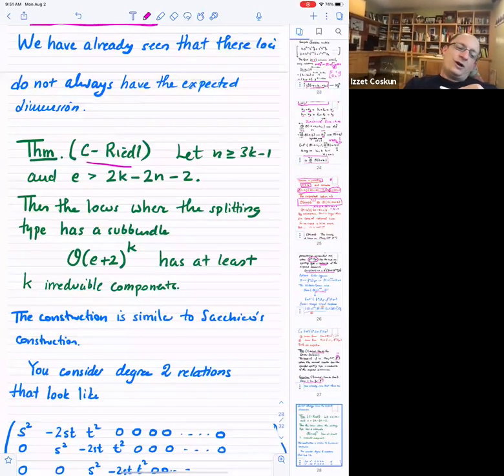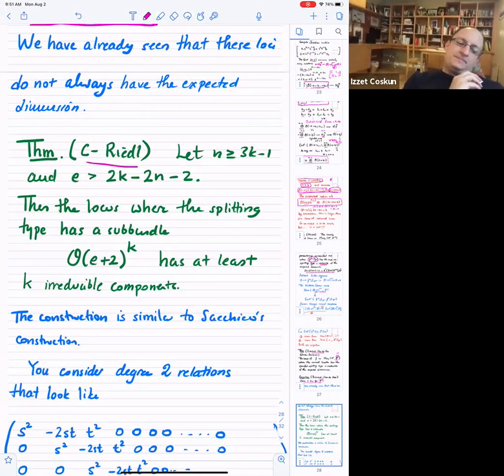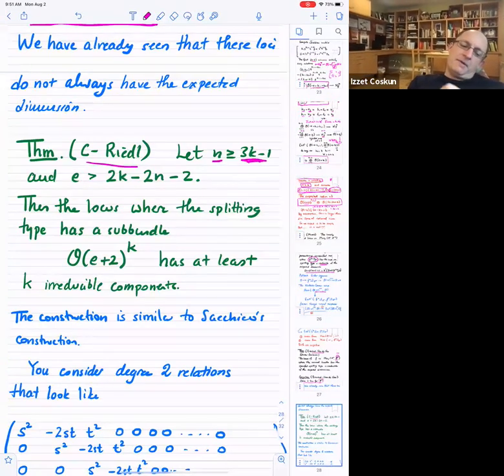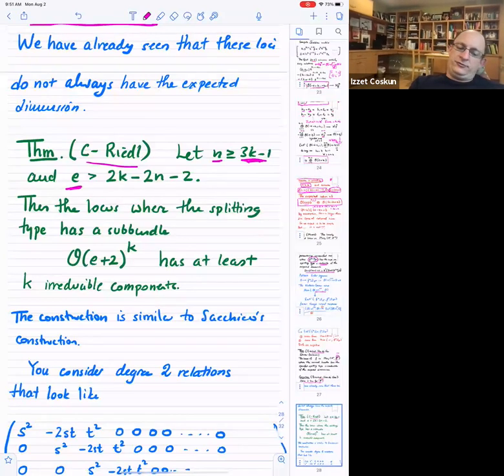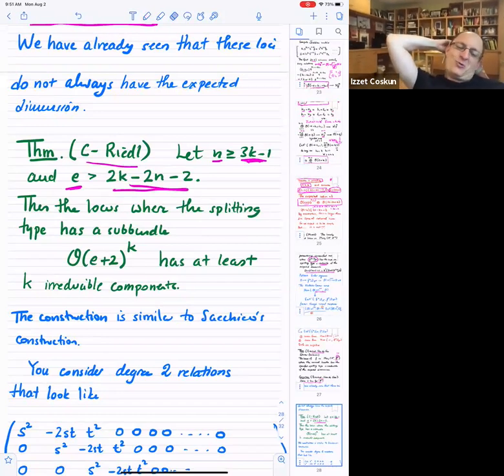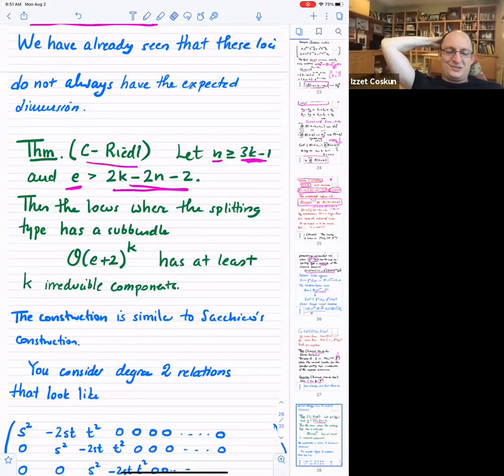So this is work with Eric Riedel. Suppose that you take n to be at least 3k minus 1 and you make the degree of the curves bigger than this. Again, these numbers are not so important. You should just remember that there are some numbers.